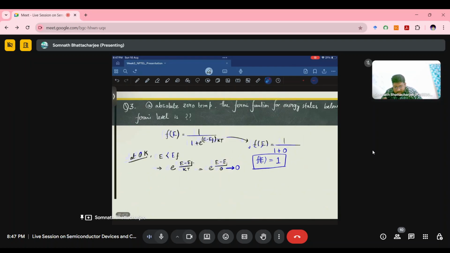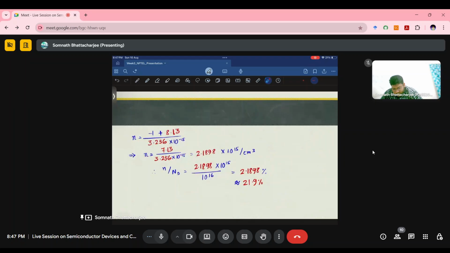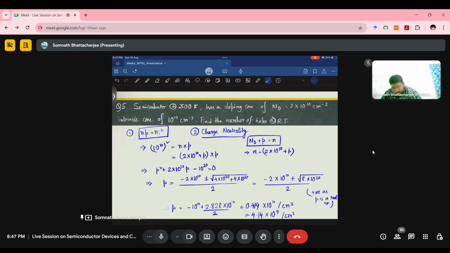But in this case, the value of nd is in the range of 10 to the power of 10, and ni is in the range of 10 to the power of 10. So nd is nearly comparable to the value of ni.